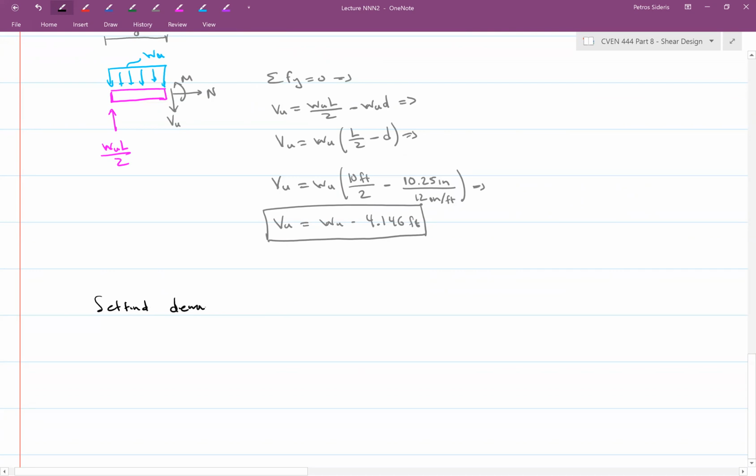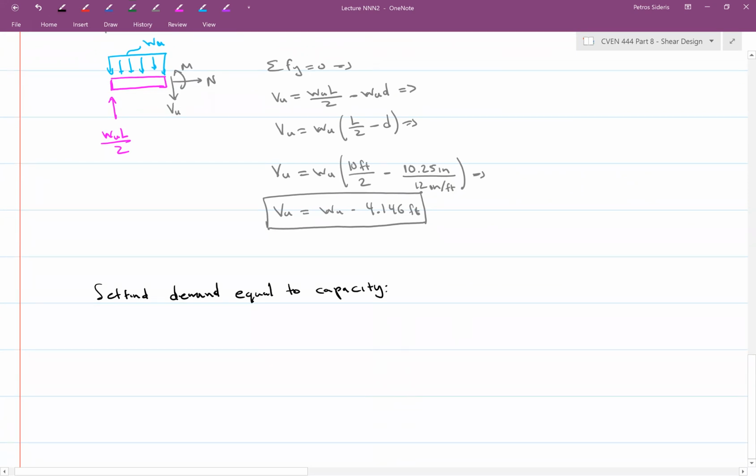The design requirement is that phi VN is always larger than or equal to VU, and the limiting case is phi VN equals VU.